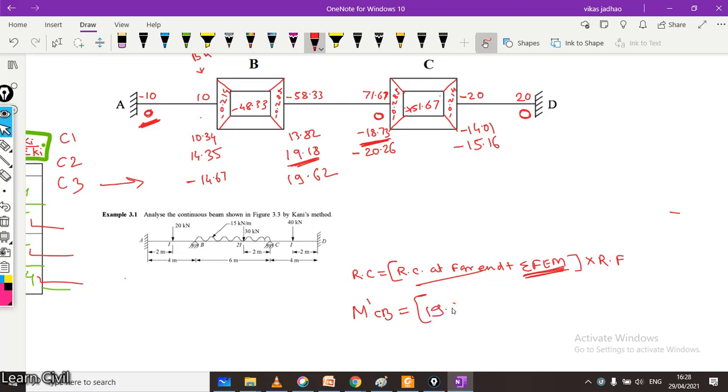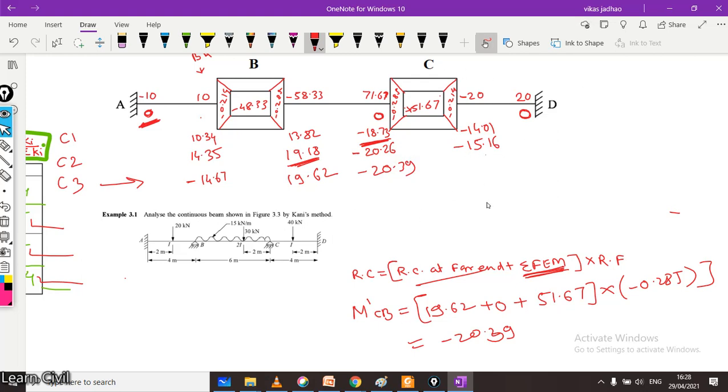So 19.62 plus this 0 plus this 0 plus 0 plus summation of fixed end moment, this 51.67. Multiply this with the rotation factor of minus 0.285. So this will be equal to minus 20.39. So write down this here, minus 20.39.